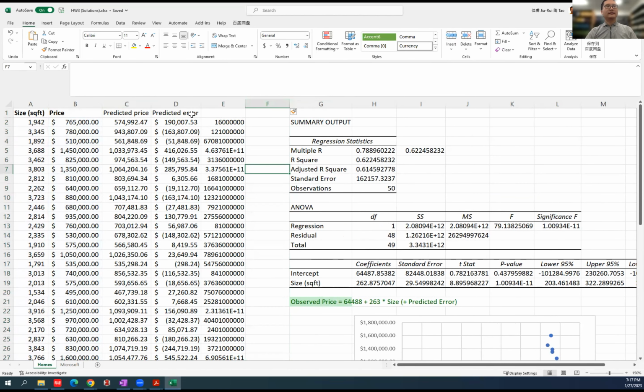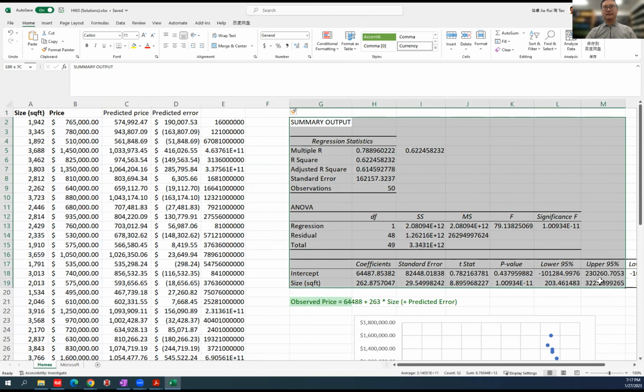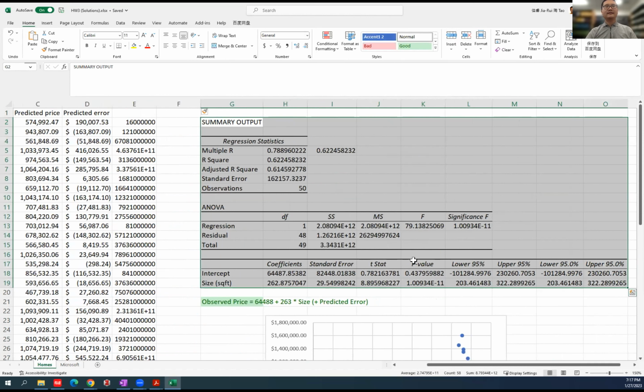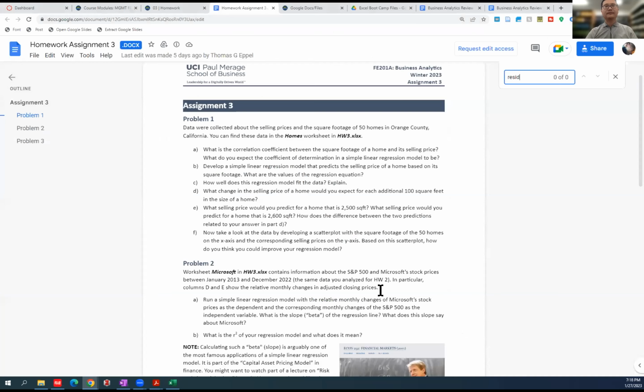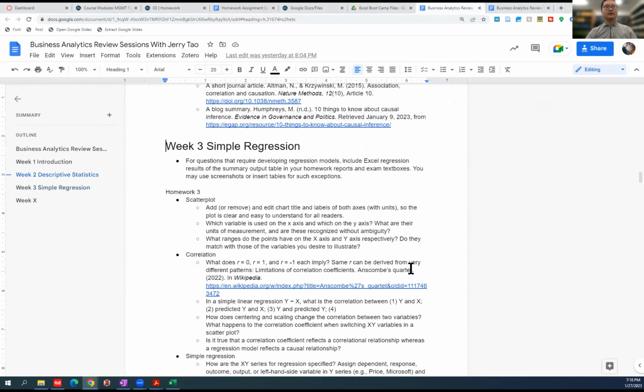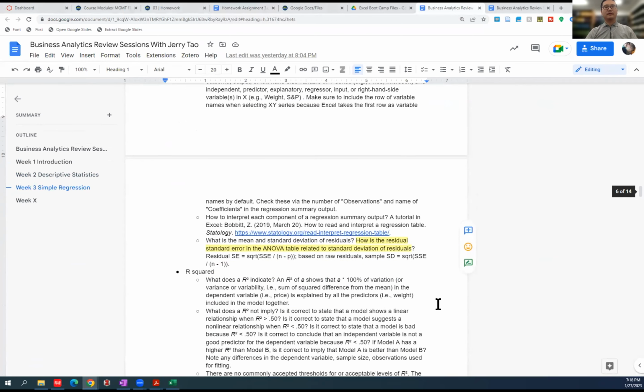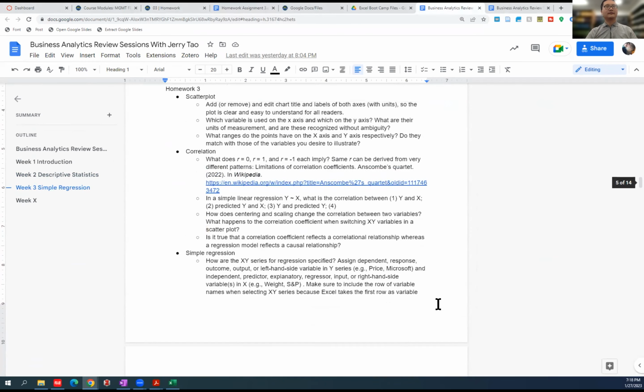In a regression output table, the default output is this part. It contains 3 sections: regression statistics, an ANOVA table, and a coefficient table. If you want to understand what each part represents, I encourage you to go to my review notes and use one of the resources I found.